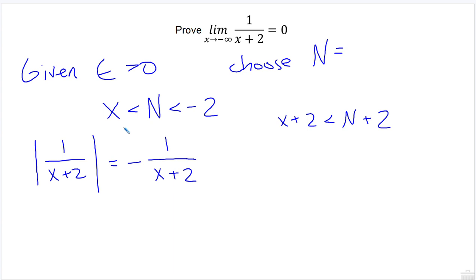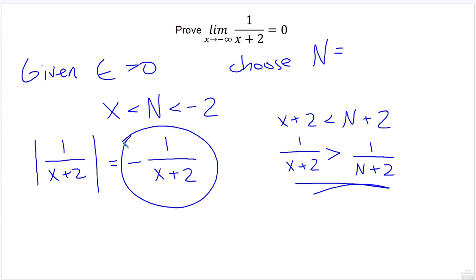And I should then be able to just deal with this by taking a reciprocal. 1 over x plus 2 is now greater than 1 over n plus 2. And from there, all I really have to do is multiply both sides of this inequality by a negative to end up with this function, which is what I need to find a relationship with.